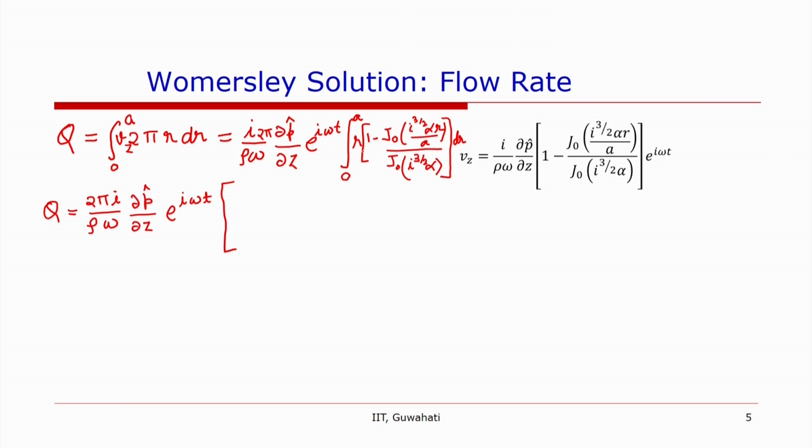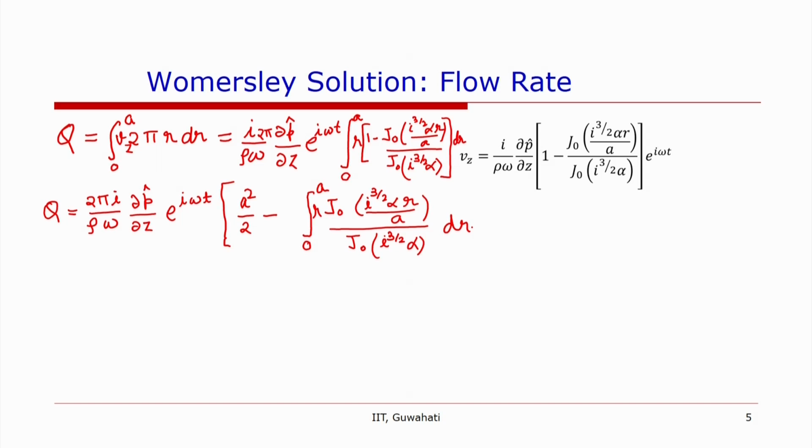The first term, when we integrate, multiplied with r, the integration will be r square by 2, and when we put the limits, we will end up with a square by 2 minus the integral with limits from 0 to a of J 0 of i to the power 3 by 2 alpha r over a divided by J 0 of i to the power 3 by 2 alpha, times r dr. Now again there is an r here.